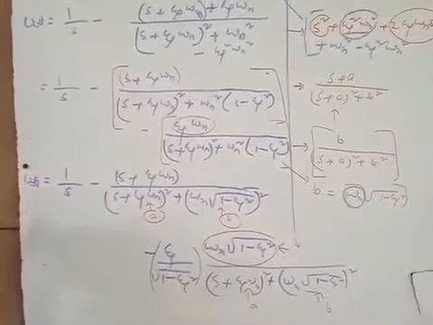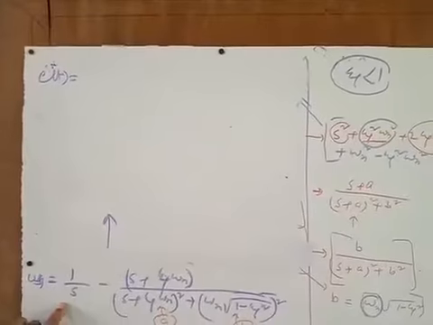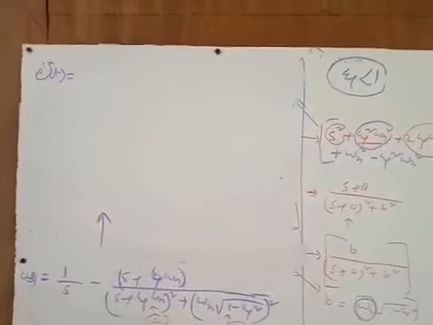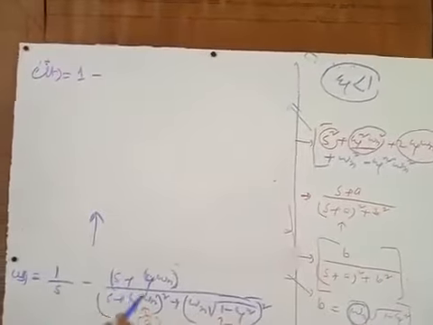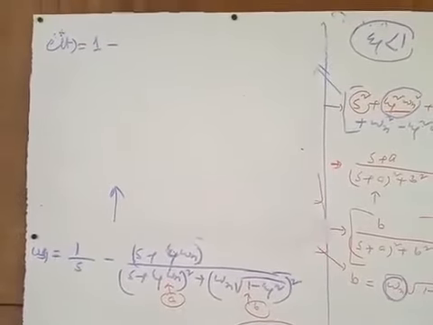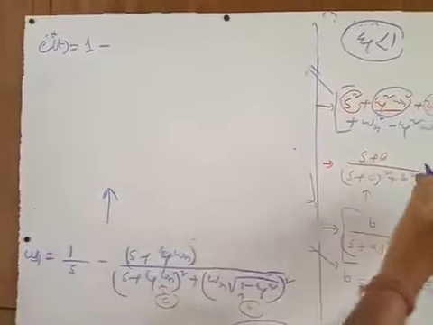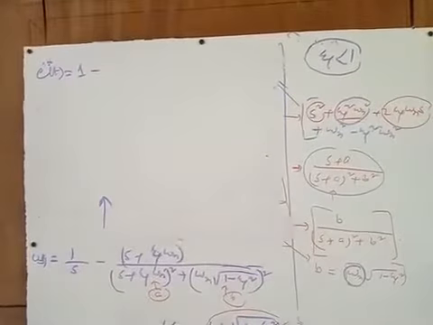The next part is to get the Laplace inverse of C(s). The Laplace inverse of 1 by s will give you 1. Minus, this is s plus a by s plus a whole square plus b square. So you know the standard form of it: s plus a by s plus a whole square plus b square.